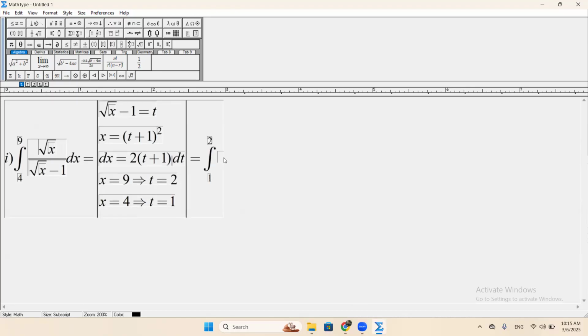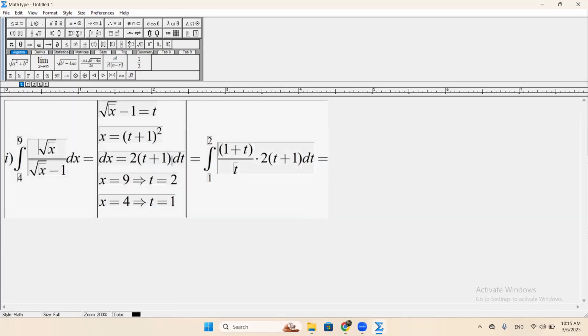So from 1 to 2, the integral, where the square root will be equal to 1 plus t, divided by t and multiplied by 2(t plus 1) dt.